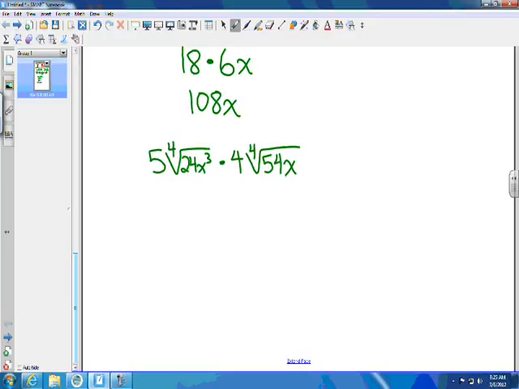So what are we going to do first? 5 times 4, which is 20. Multiply those front numbers. And then we have the fourth root, 24 times 54. 1,296. X to the what? X to the 4.